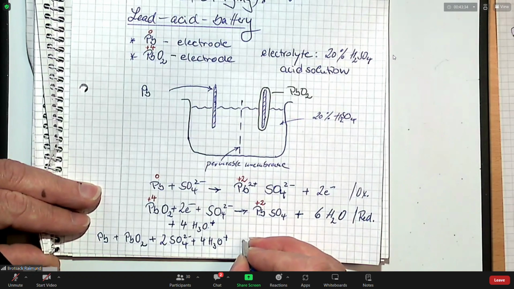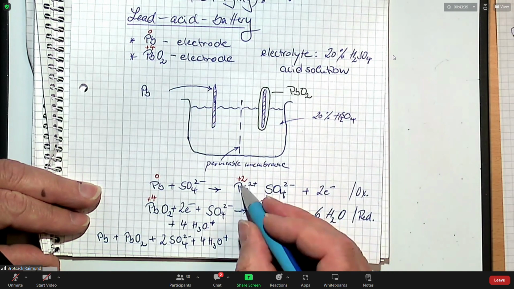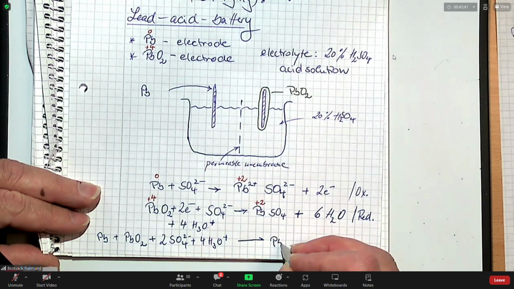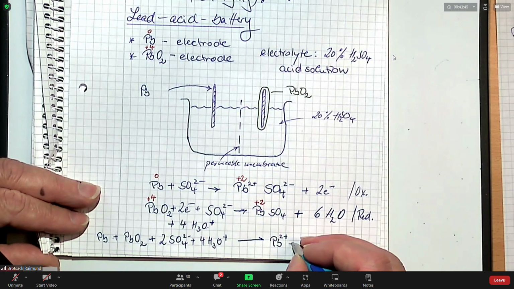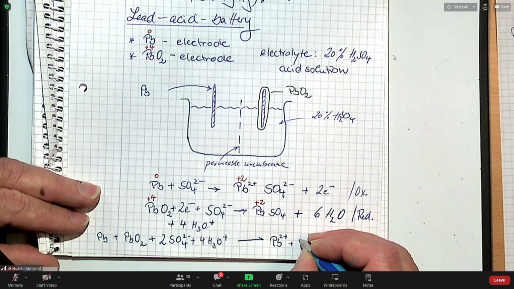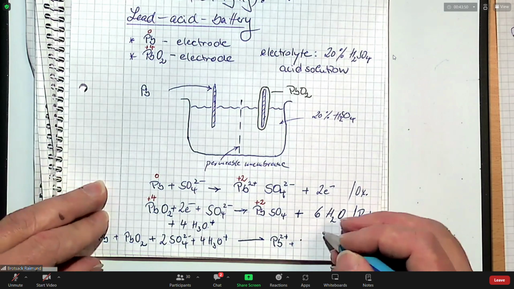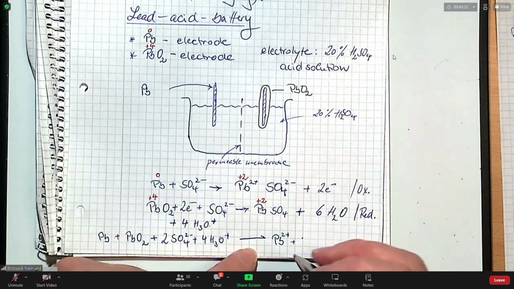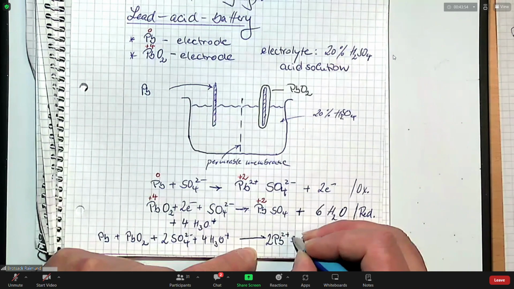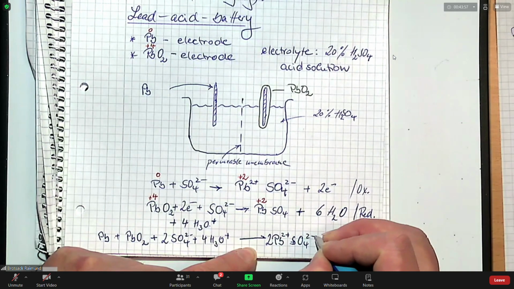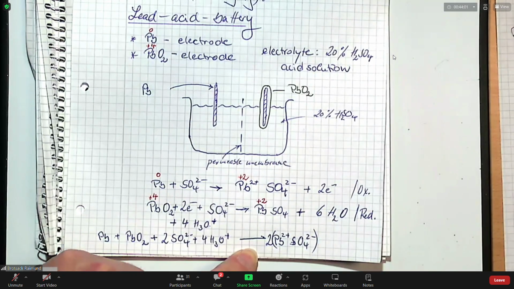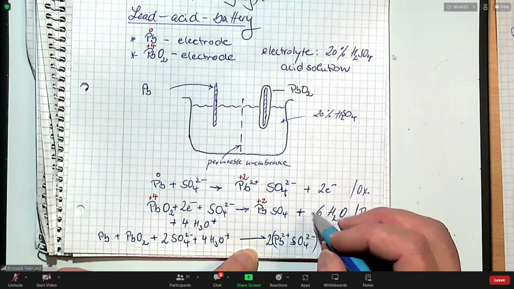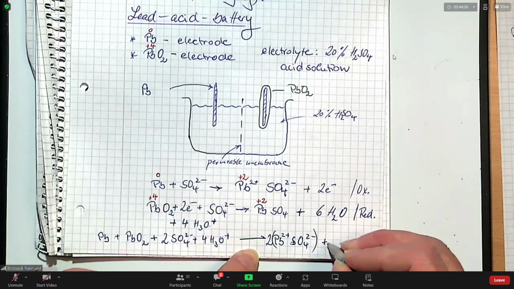And then when I read it from the left to the right side, it leads to lead 2+ sulfate. So we have here on the right 2 of them, 2 SO4 2-. So that is the lead sulfate plus 6 water.